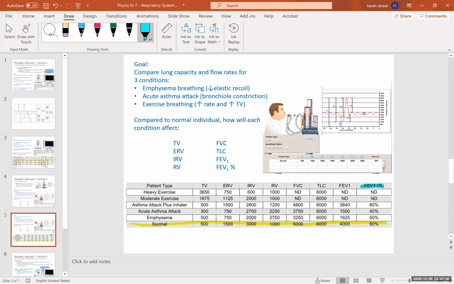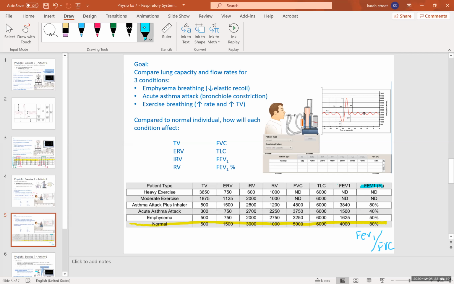FEV1% means it's FEV1 divided by FVC. So the FEV1% is our ratio of the amount of air exhaled in the first second versus the total amount of air that is forcibly exhaled, going from a maximum inhale to a maximum exhale.